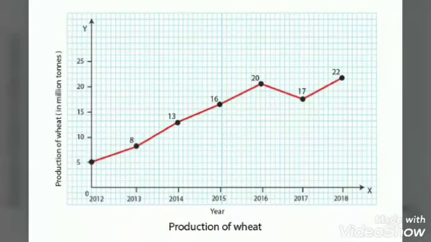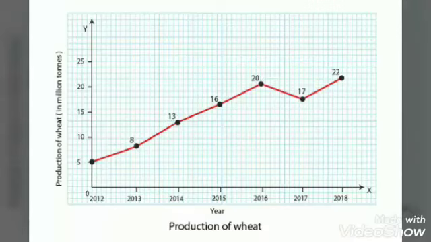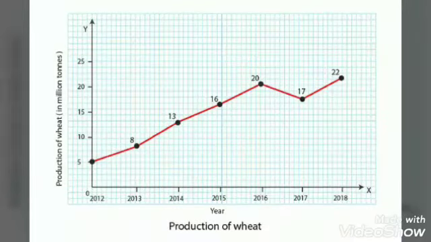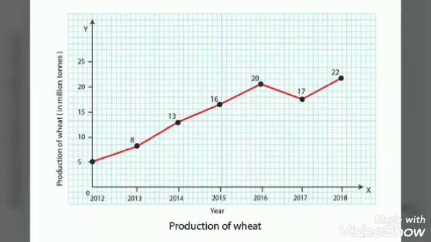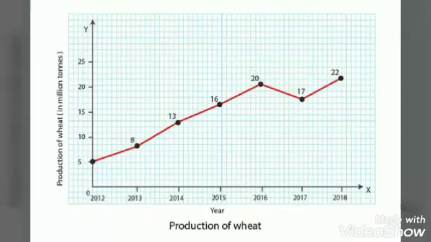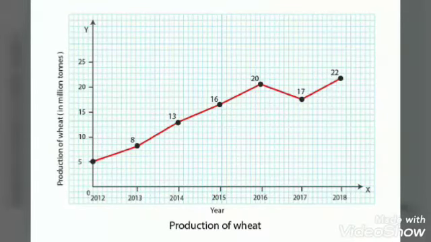But in 2017 the production of wheat has come down from 20 million tons to 17 million tons, and again in 2018 it has increased to 22 million tons. So children, this is how you can construct a time series graph, that is, the one variable graph.